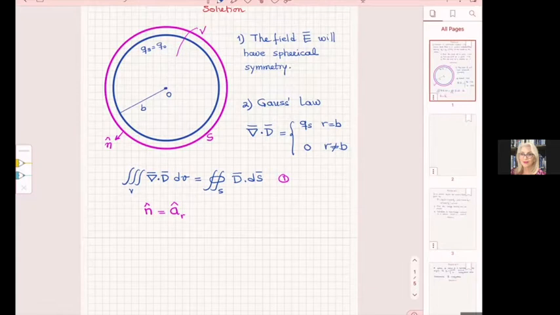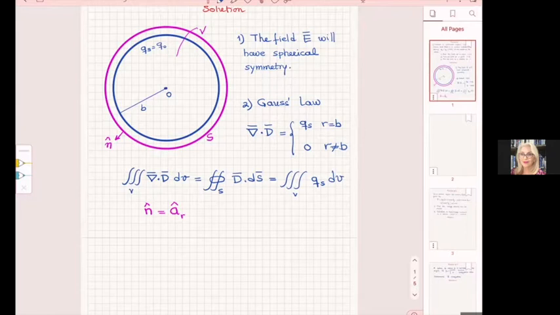So here, from Gauss's law, this is equal to what? To the volume integral of this Q_S dV. But this Q_S is on the surface of the sphere.